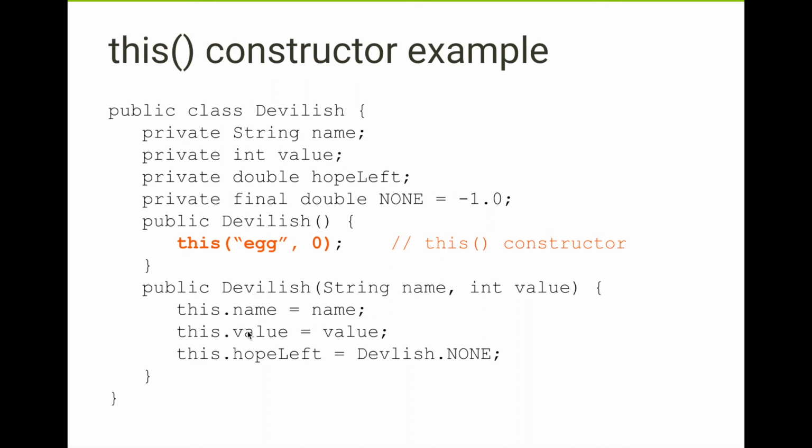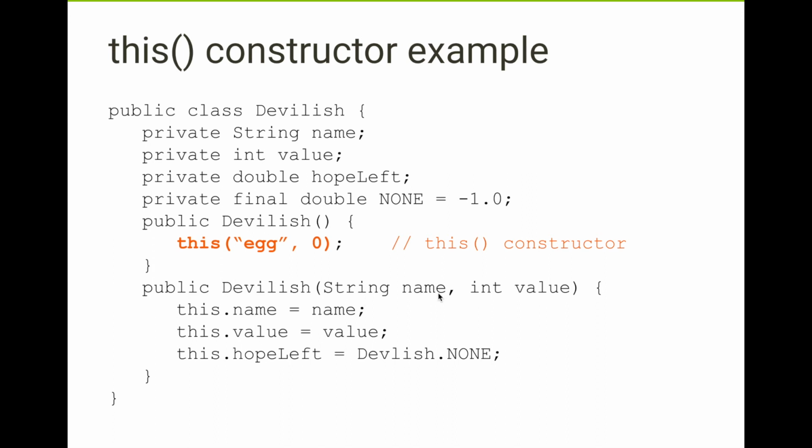It uses this dot to get access to the instance field value, and then it takes the formal variable value and stuffs it inside of that. And then it decides to initialize hope left to devilishly none. Oh, how sad. Now, if I were to have only this constructor, then I'd only be able to construct a Devilish object when I passed in 2 parameters.